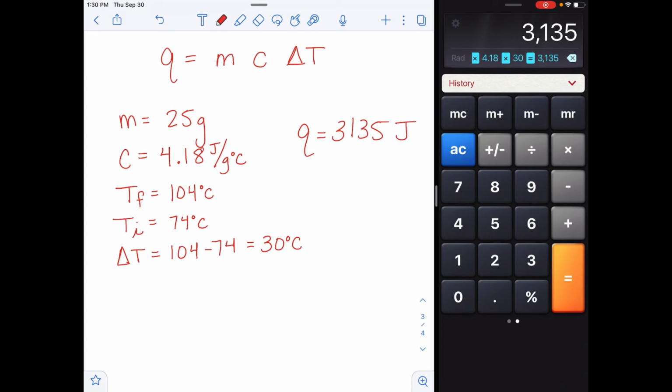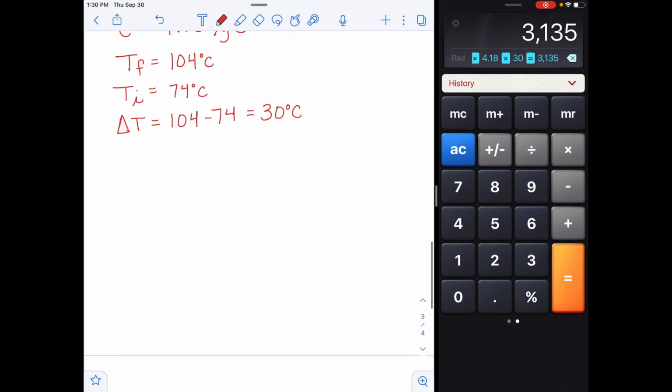Now sometimes that same equation, Q equals mc delta T, but instead, this time, they will give you the Q value. So they'll say Q equals 3,200 joules. Maybe the mass equals 57 grams.